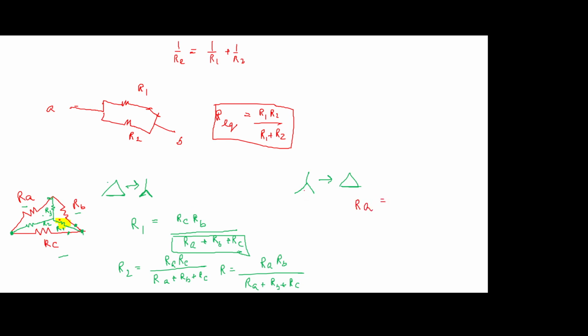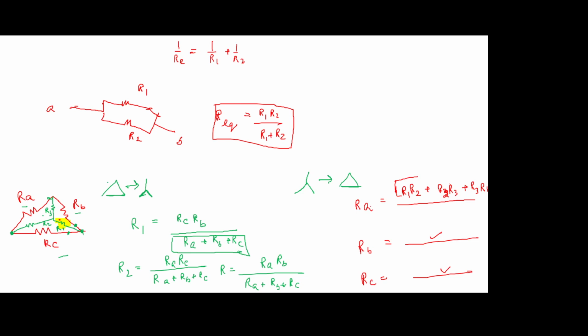In case of star to delta conversion, the numerator of all the three will be the same. It is the cyclic multiplication of the branches: R1 R2 plus R2 R3 plus R3 R1. It will be the same here also and here also. This numerator remains the same.